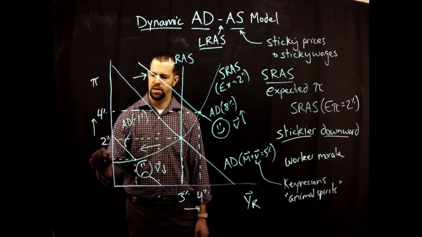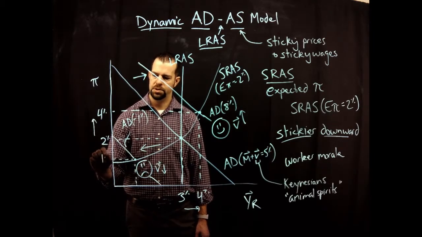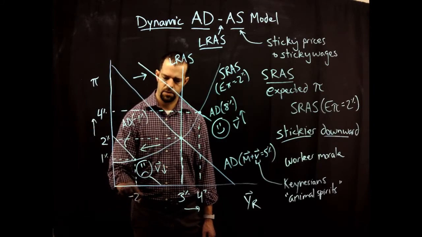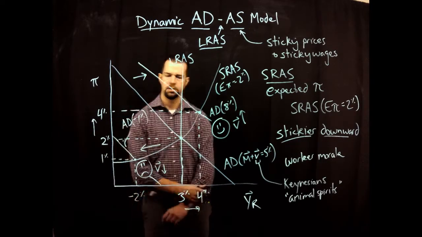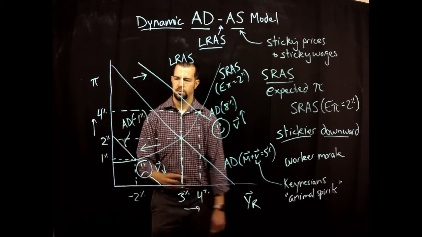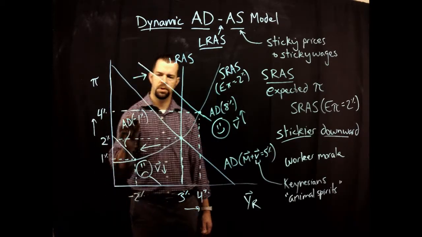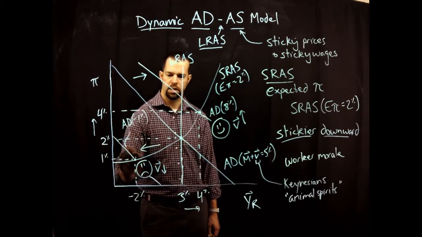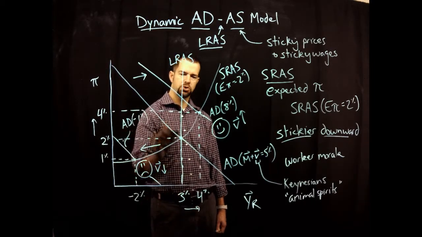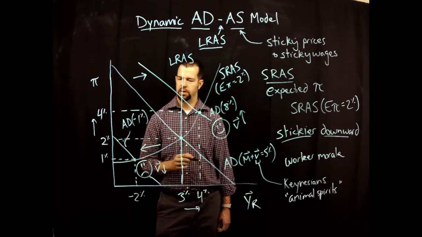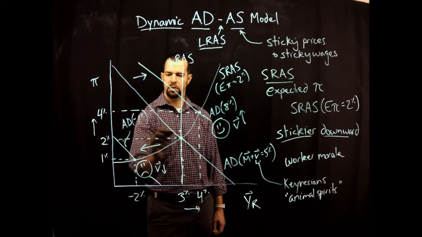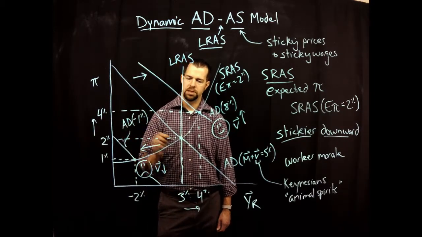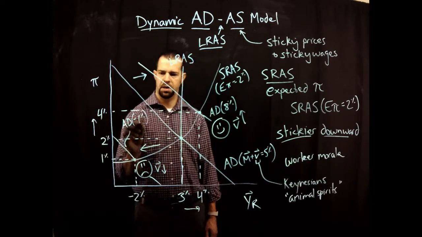So we're going to say that we have a 1% inflation rate and a negative 2% real GDP growth rate. So 1 plus negative 2 would give us negative 1. Okay? So it's really important that in the equilibrium that you find yourself on, whether it's a short-run equilibrium or a long-run equilibrium, the inflation rate plus the real growth rate equals the spending growth rate.